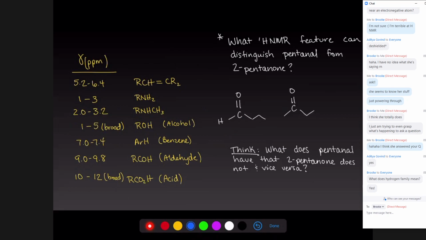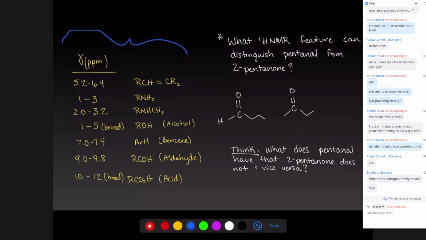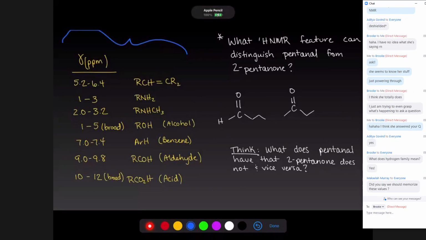Okay, let's go ahead and think about this question. What HNMR feature can distinguish pentanol from 2-pentanone? So look on the left and look here on these and these, and think about what pentanol has that 2-pentanone does not have, and vice versa.